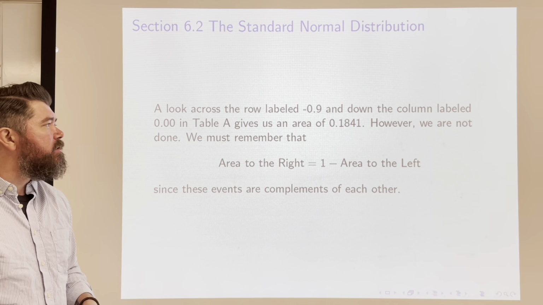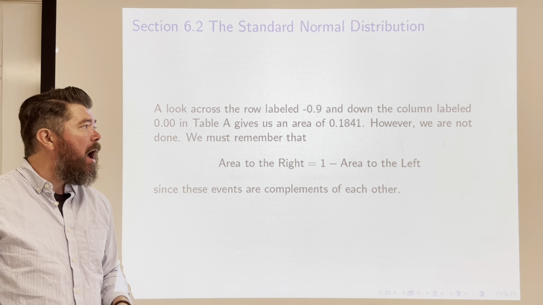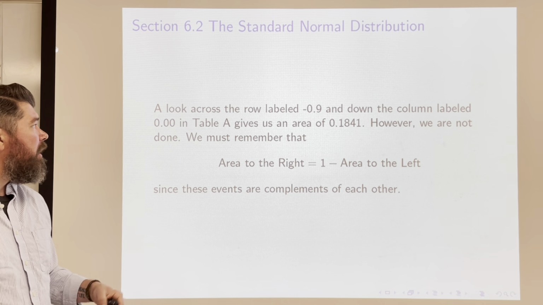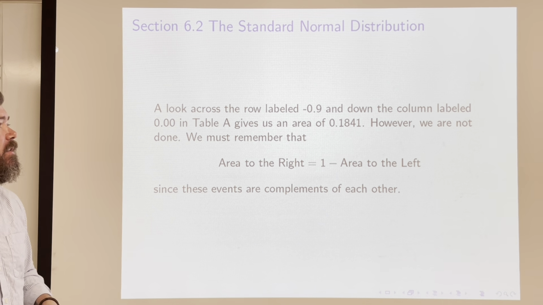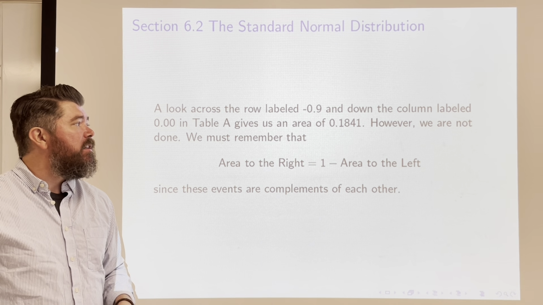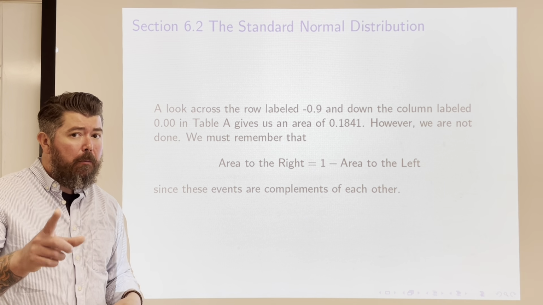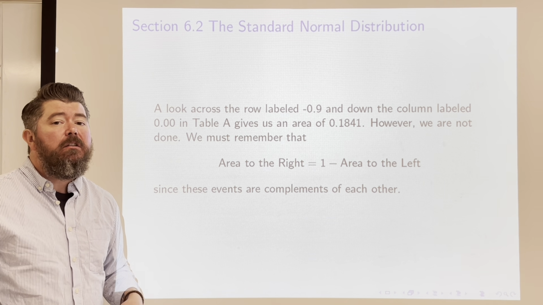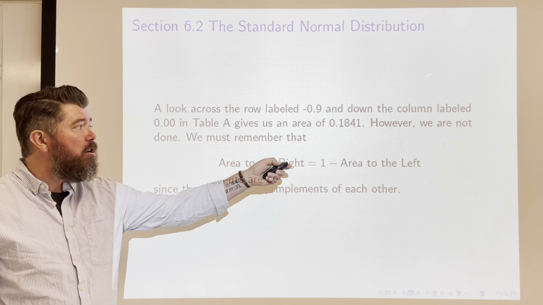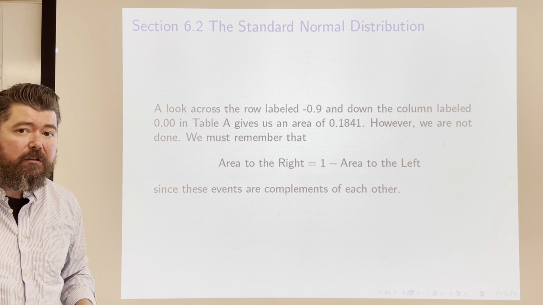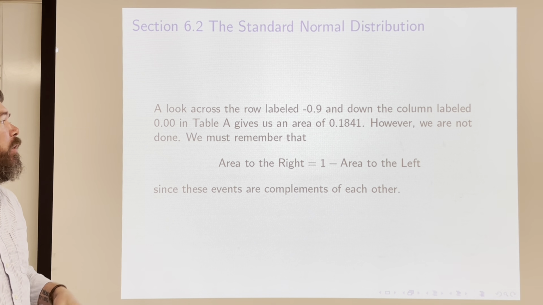A look across the row labeled negative 0.9 and down the column labeled 0.00 in table A gives us an area of 0.1841. Now pause the video and take a look at your table A and make sure that you get this same value. However, we are not done.